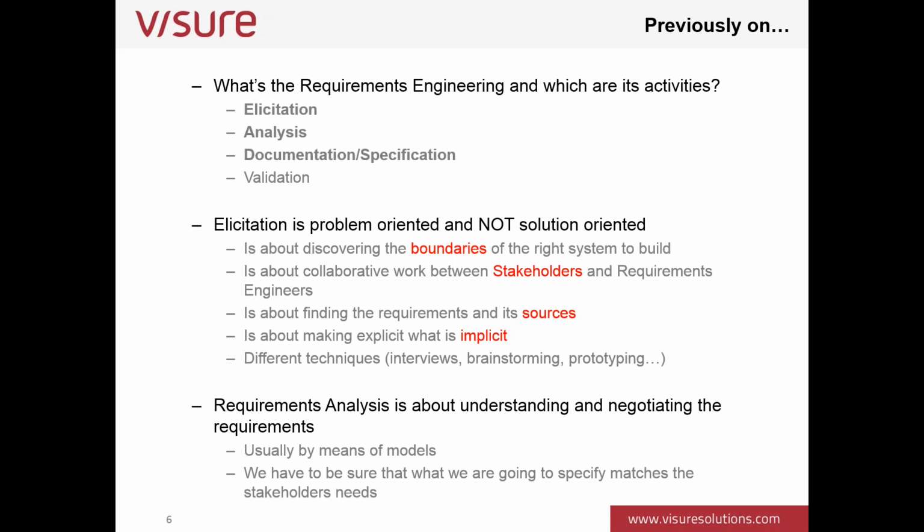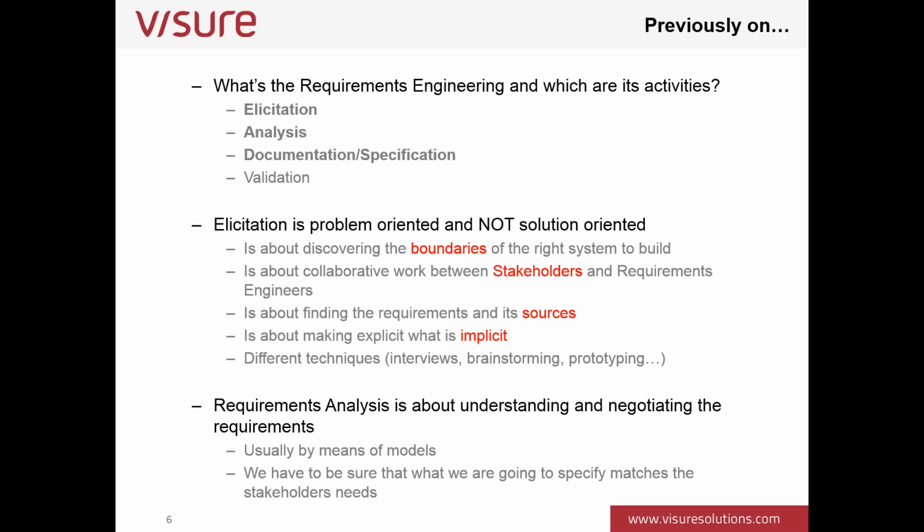The high-level user requirements we gather describe the problem, and at the end we will have system requirements, which give a high-level description of a proposed solution. We are not going to enter into the detail, the how, but focus mainly on the problem.